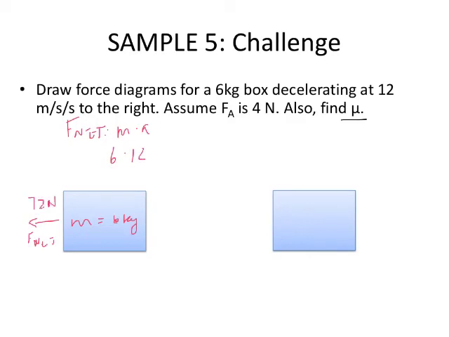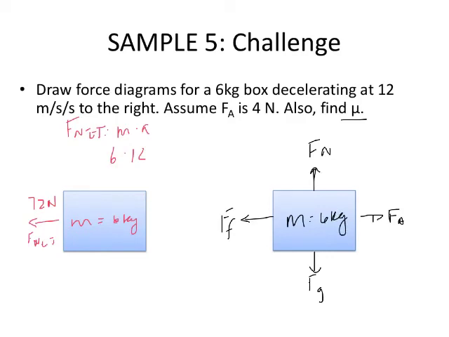Okay. And then let's start drawing what's going to be on this diagram. Force of gravity, we have an applied force, we have a normal force, and we have force of friction. Alright, and mass is 6 kilograms.